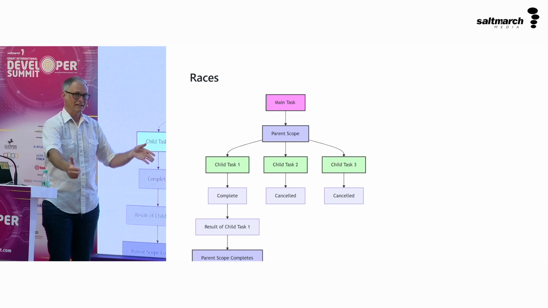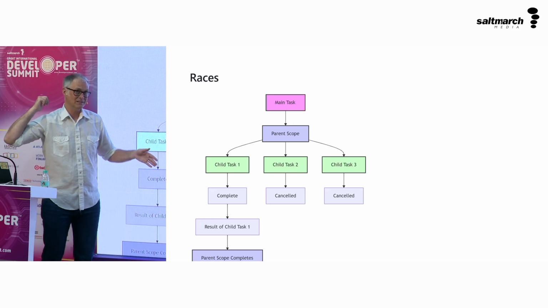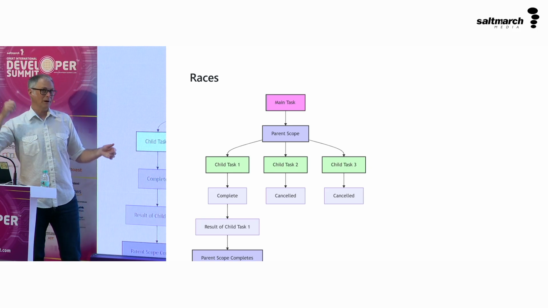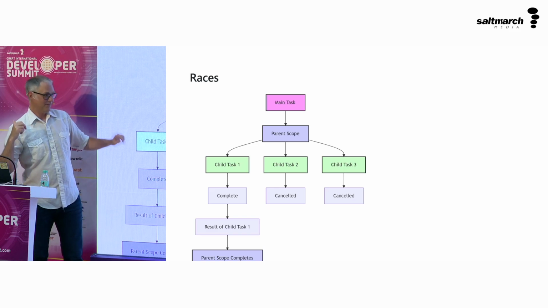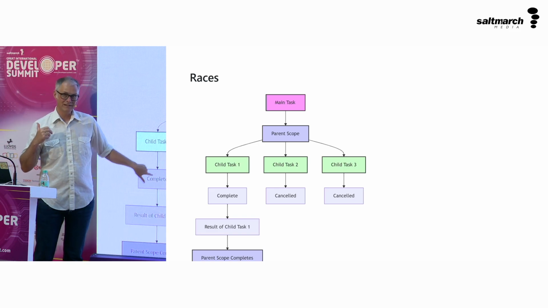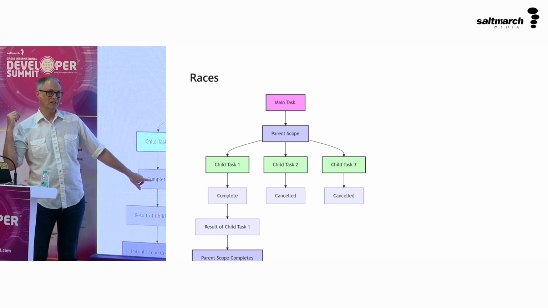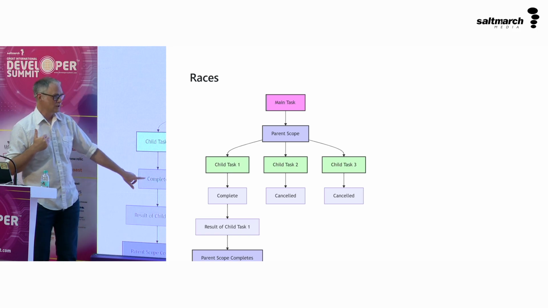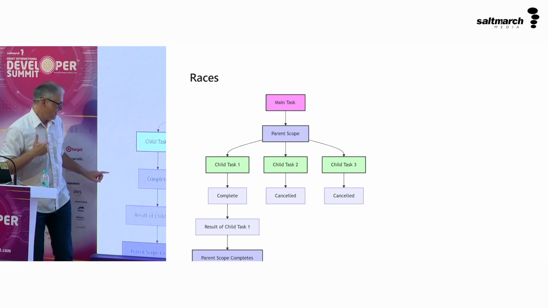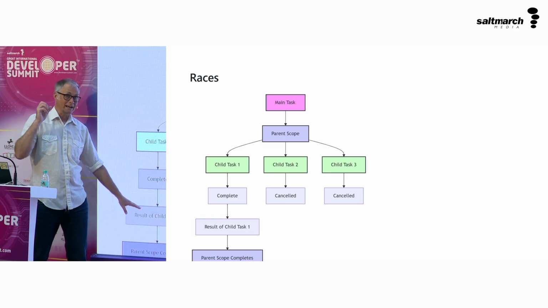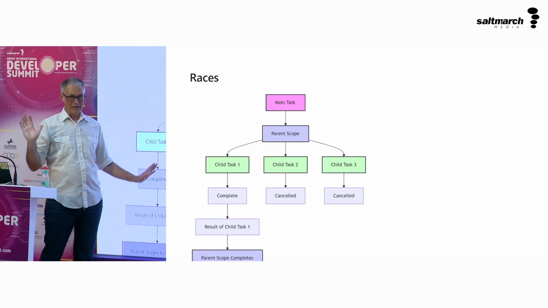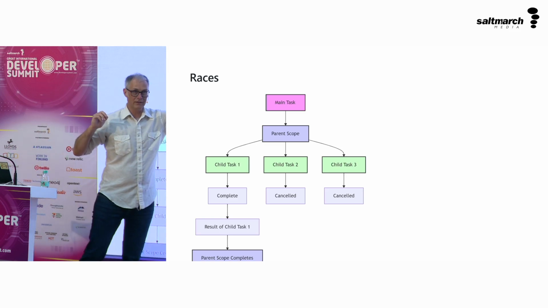As soon as that response comes back, that completes this child task. So the request getting the response is the task essentially. As soon as we get that response back, the race says, all right, race is over, now cancel all the other children.